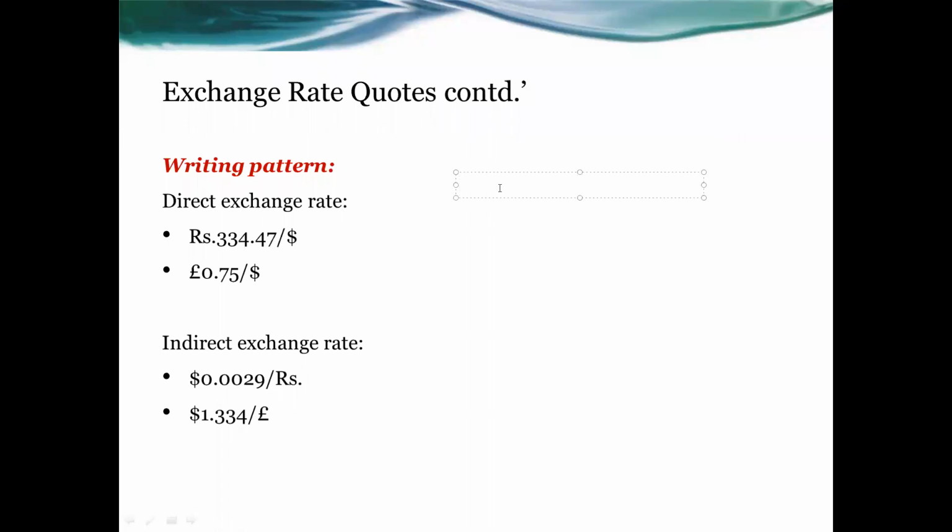Dollar to rupees 334.7, oh sorry, 347 something. And don't write it again as rupee in terms of $0.0029. Don't write this. Why?